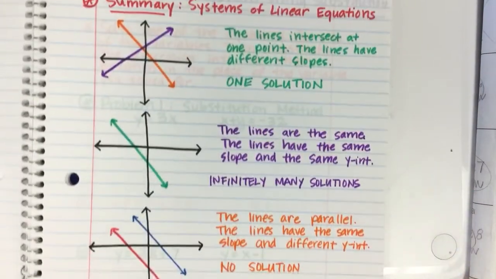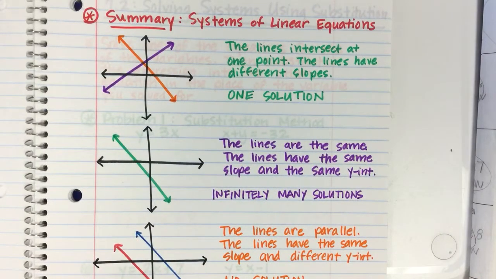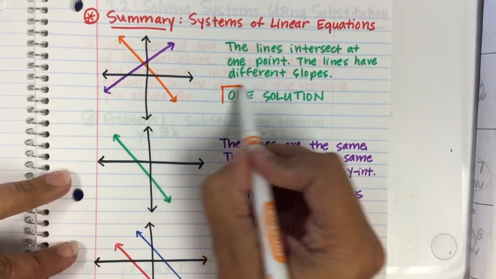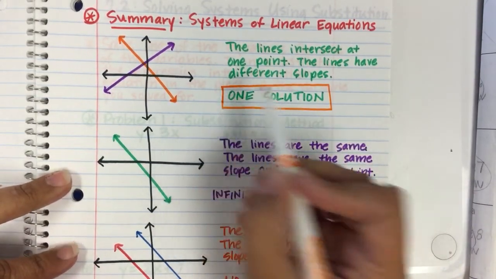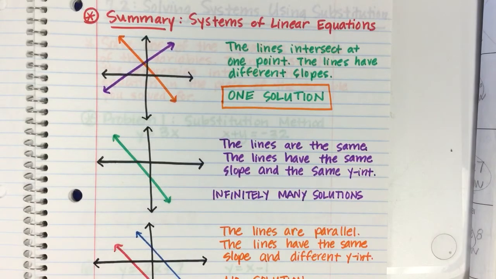All right, so the summary of this lesson, systems of linear equations. The lines intersect at one point and the lines have different slopes, gives us one solution. Okay, so when you have two distinct lines, they intersect in one place, they have different slopes, you have one solution.